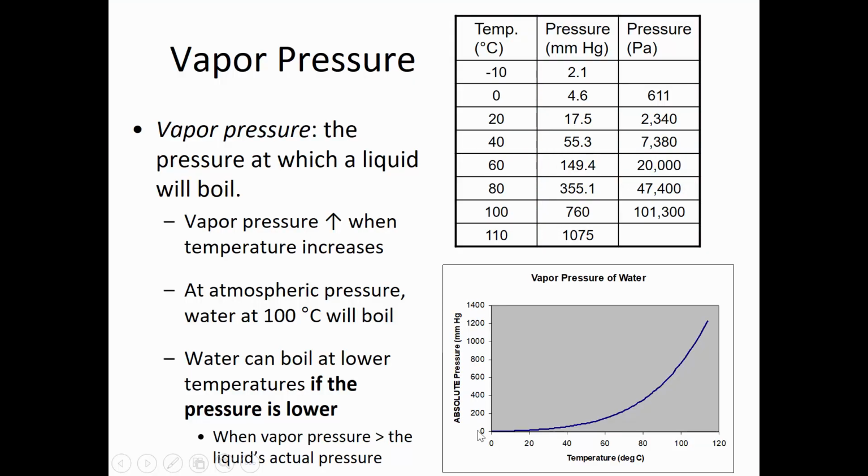So we saw this figure that related temperature and the pressure, the vapor pressure of a liquid. And we saw that water can boil at 100 degrees Celsius because its vapor pressure becomes equal to atmospheric at that temperature. And by the way, that's no coincidence, of course.